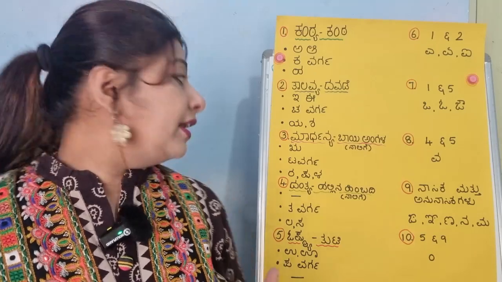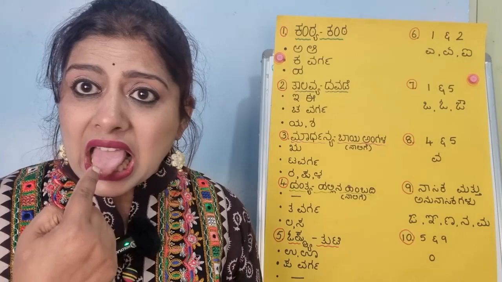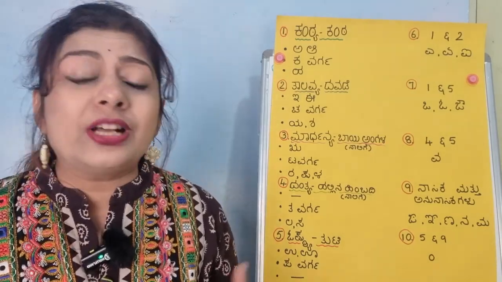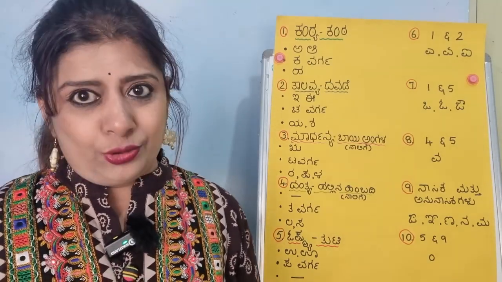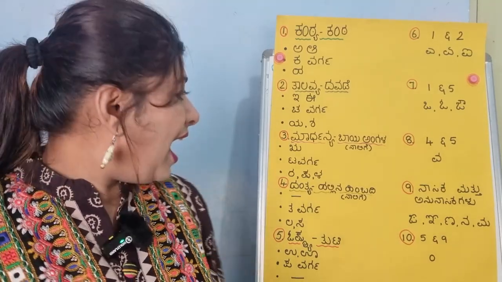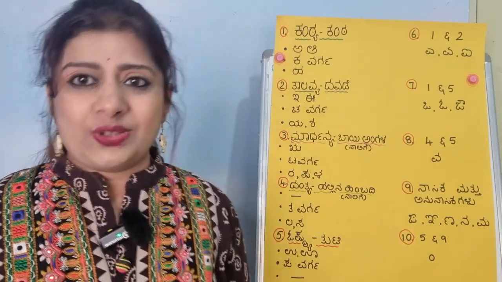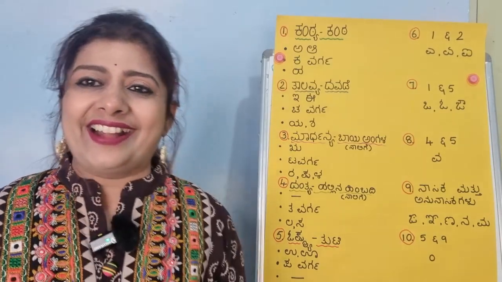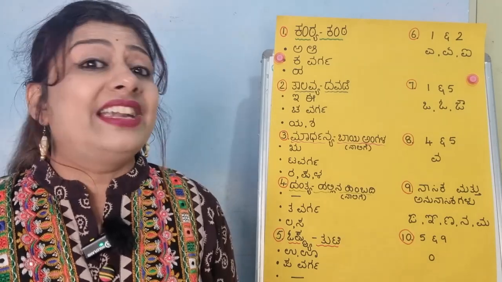Next, the third one is Murdhanya. That means the tip of the tongue touches the roof of the mouth. Can you do that? Yes, this position is known as Murdhanya, and the letters that come out are Ru from swara, and all the letters of Ta-varga: Ta, Tha, Da, Dha.